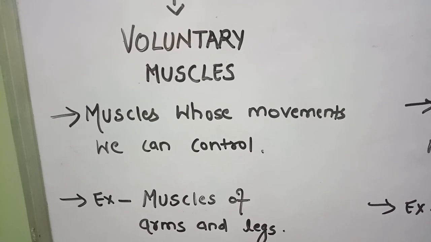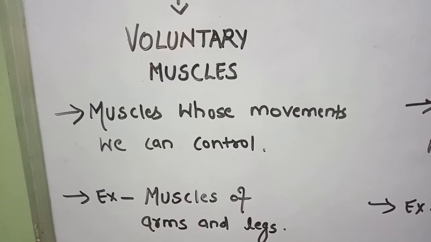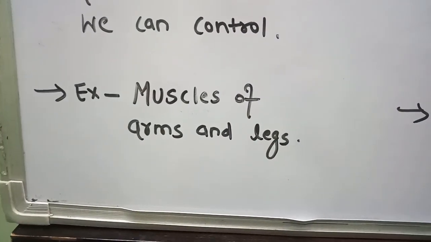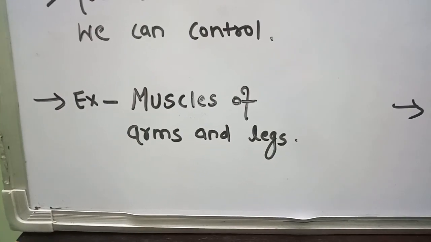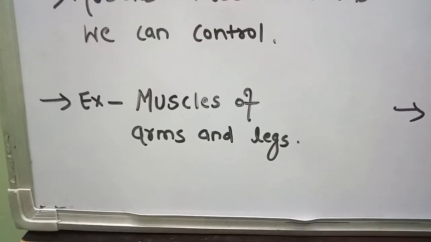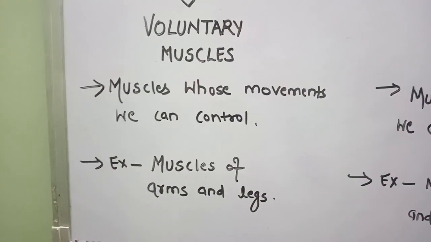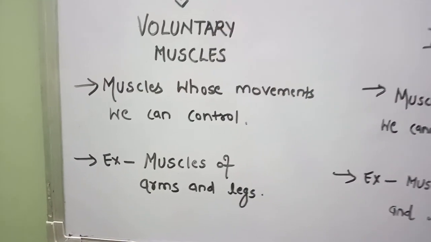Okay, so we can control the movement of muscles. For example, muscles of our arms and legs. We can easily control the muscles of our arms and legs, and thus it is known as voluntary muscles.